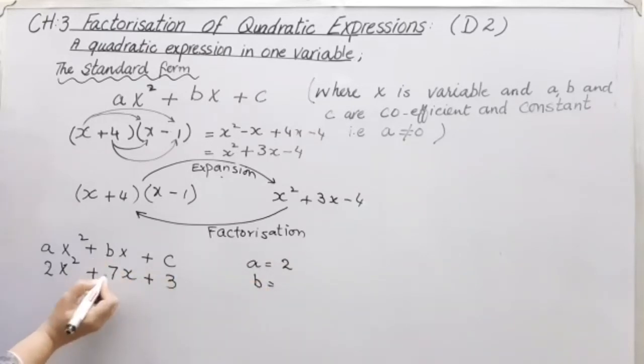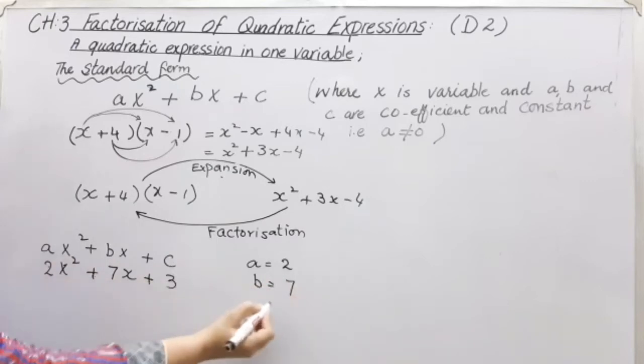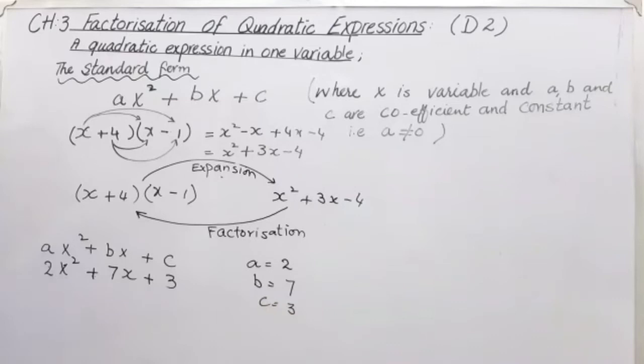The sign matters: if I write minus here, it means b is equal to minus 7, but here b is equal to plus 7 and c is equal to 3. The first step is we multiply a into c. Here our a is 2 and c is 3, we get 6.